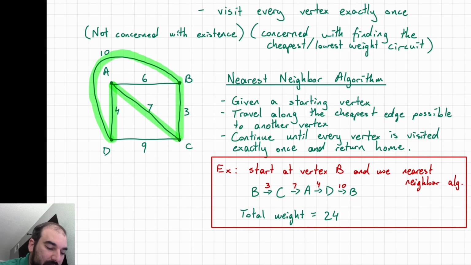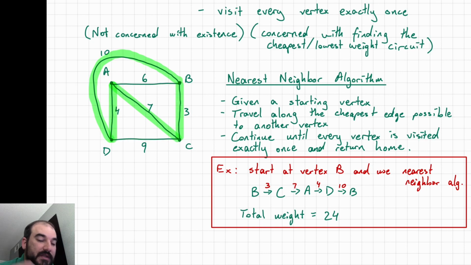Because if you can imagine, if we start at a different vertex, the cheapest edge we can take might be different, or we might never take this 7. For example, if we start at vertex D, the cheapest edge we can take would be this DA, which would be a weight of 4. And then from A, the cheapest edge we can take would be this 6. And then from there, the cheapest edge to take would be the 3. And then finally, we would have to return home.